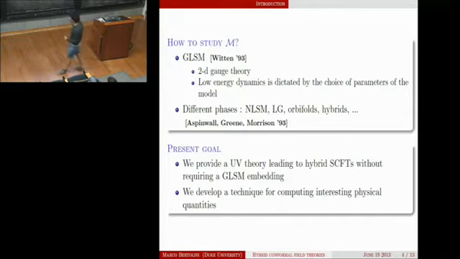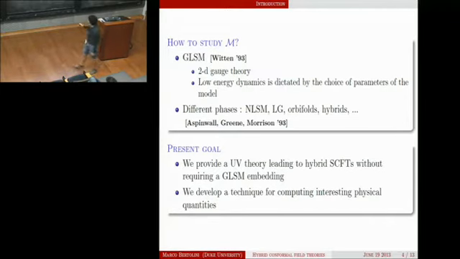When we study the phases in the Kähler moduli space, we see that it divides into phases which have a different geometric interpretation: the well-known nonlinear sigma model, Landau-Ginzburg, and among which we have these hybrids. And these are the objects we want to study today.